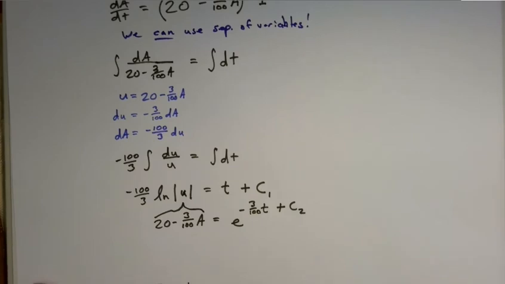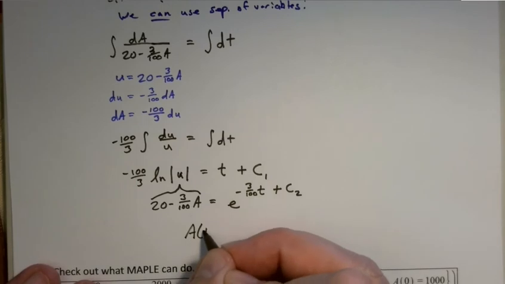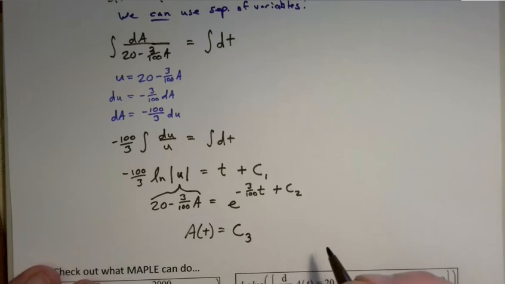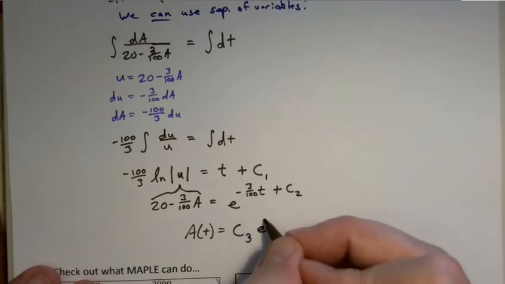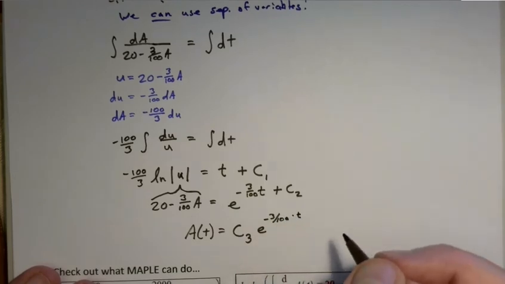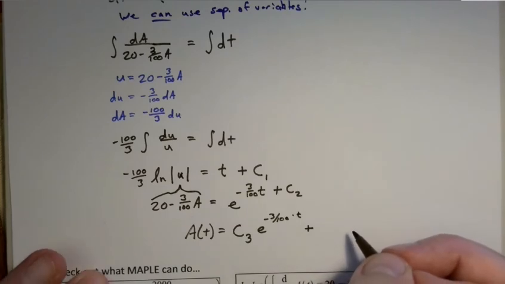So after a little bit of effort, we can solve this thing for A, and we wind up with A of t equals some new constant C3, it's coming from the upstairs here, times e to the negative 3 over 100 times t, plus some extra constant sitting there.